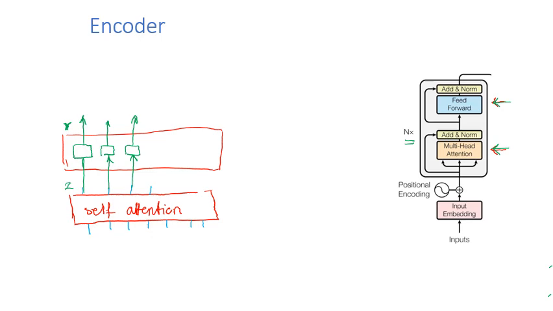It just turned out that through trial and error, they found out that 6 works the best in the setting that they had, and they kept it 6. So this block, which is self-attention and feed-forward, will be repeated 6 times. Okay. What else do we have here? We have this.